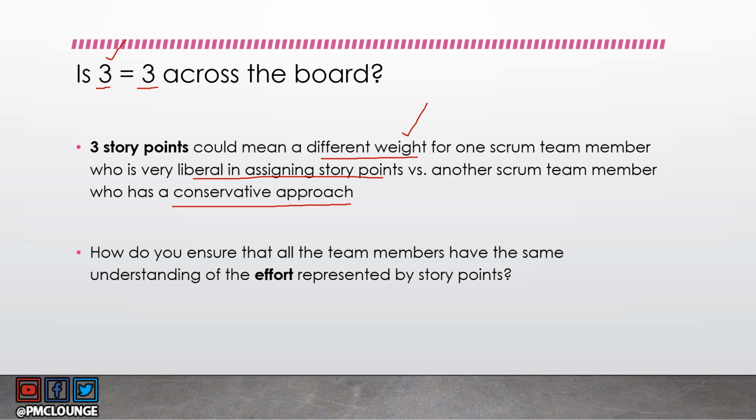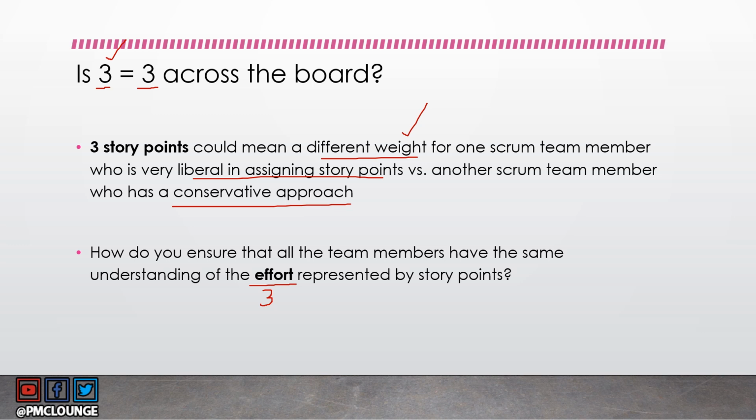How do you ensure that all the team members have the same understanding of the effort represented by story points? So how do you ensure that every single Scrum team member, when they see 3 story points, has the understanding of the kind of effort 3 story points require?